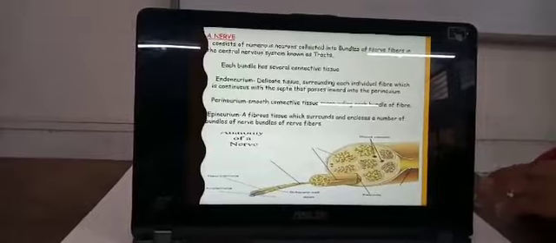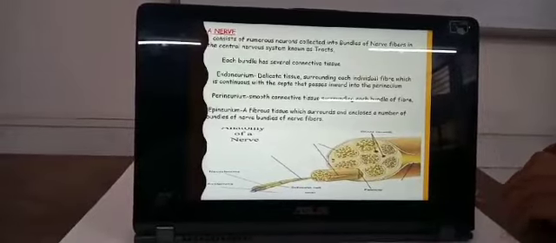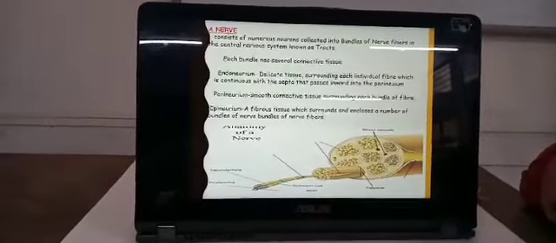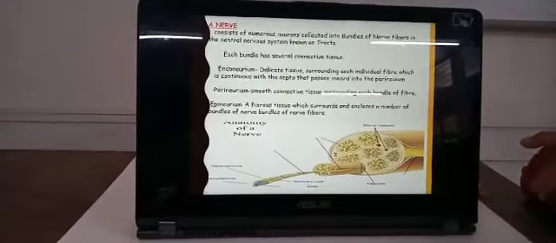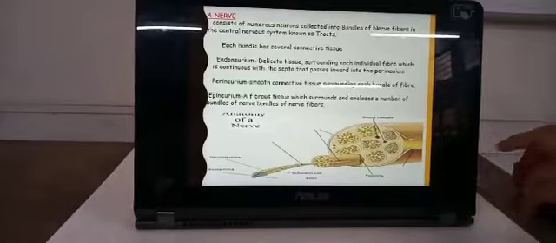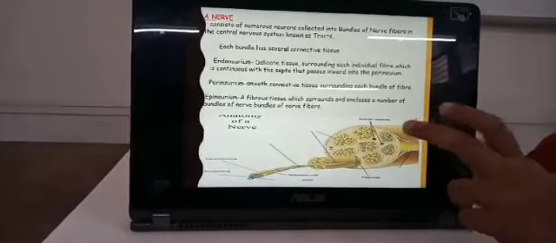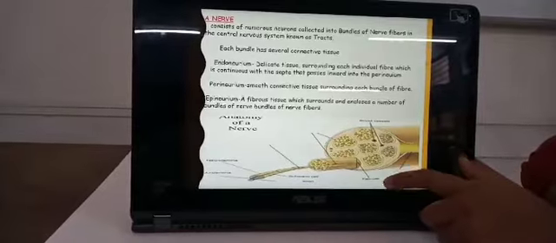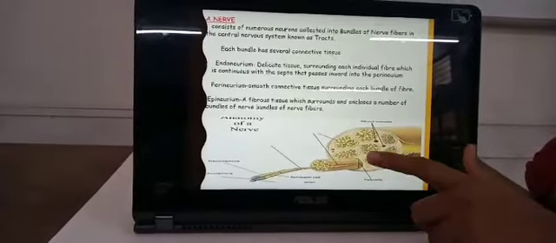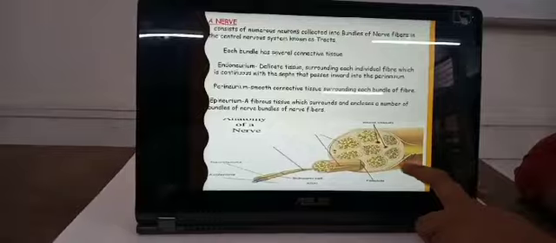Epineurium means it is something present on the outside. A fibrous tissue which surrounds and encloses a number of bundles of nerve fibers of a nerve is called epineurium. Here you have the blood vessels, and here you have all the other structures.